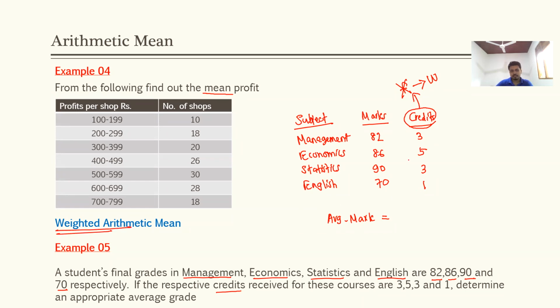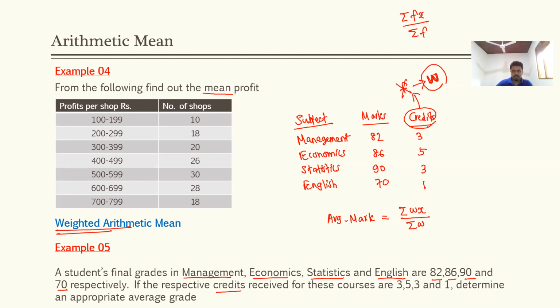Weighted arithmetic mean, weighted average. Again the same. How did we do it before for a frequency distribution? Sigma fx over sigma f. Now f is replaced by the weight w. So here it is now sigma wx over sigma w.